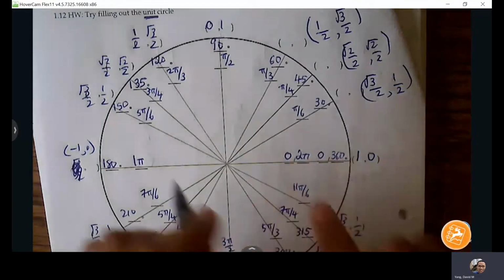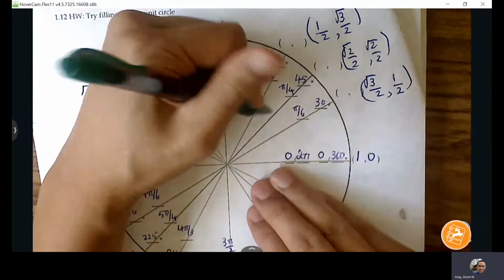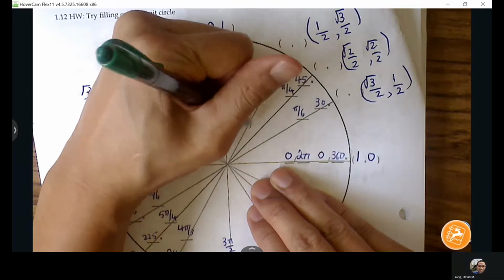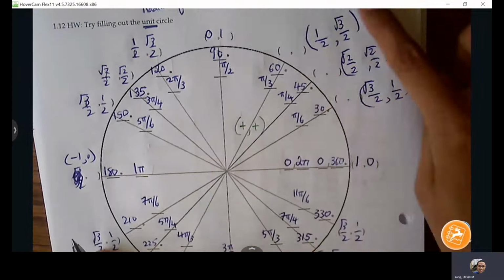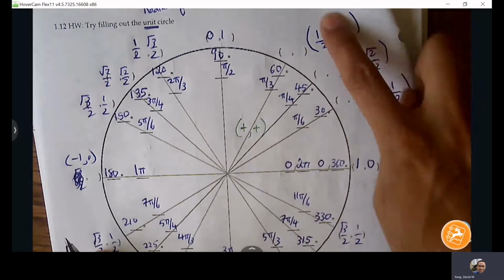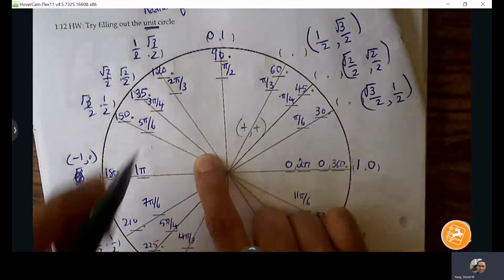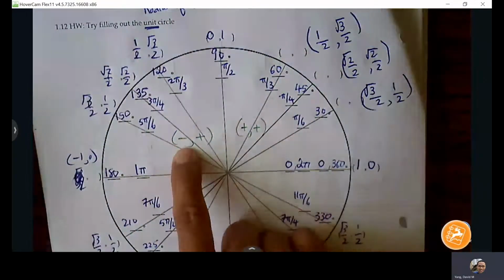Everything in the first quadrant, ordered pair, what are the x and y values? Signs. Everything is positive in the first quadrant, right? So no need to adjust any signs here. What do ordered pairs look like in the second quadrant? Negative, positive. So we're going to make some adjustments.